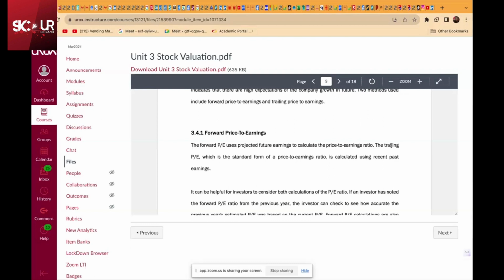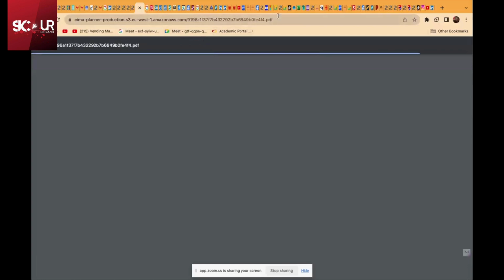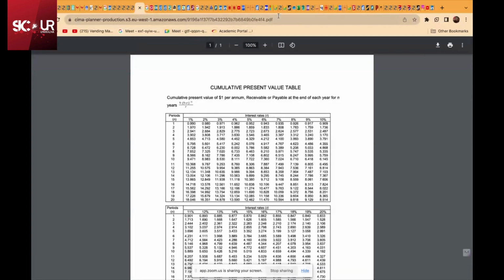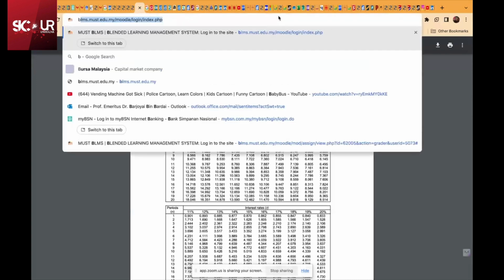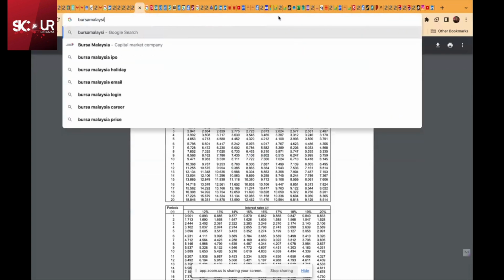If you look at the past 3-month account, you will see they also show the 12-month figures. So for example, let's go to Bursa Malaysia.